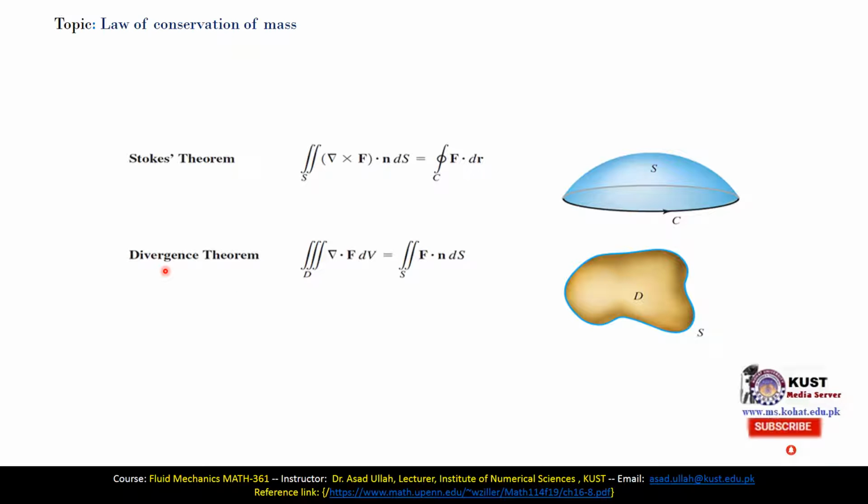Similarly, in the divergence theorem, we can relate the volume integral and the surface integral, in which the divergence of the vector f is equal to the surface integral of the vector function dotted with the unit normal at that point. This is already discussed in the first slide in detail, along with its mathematical form.